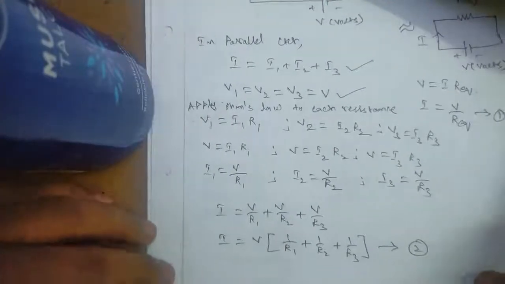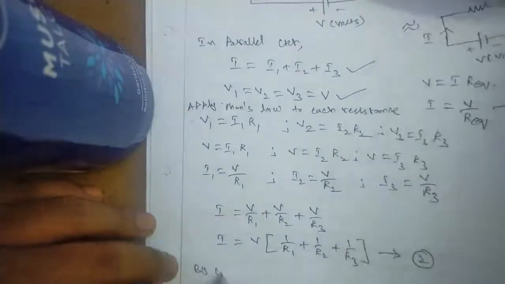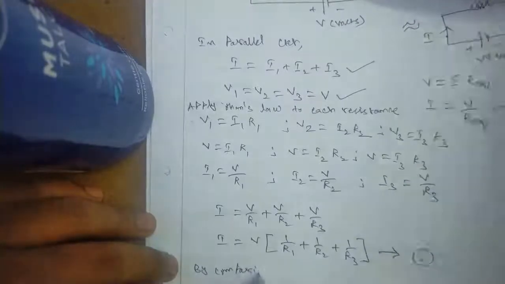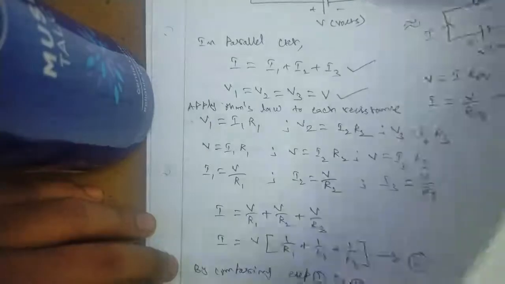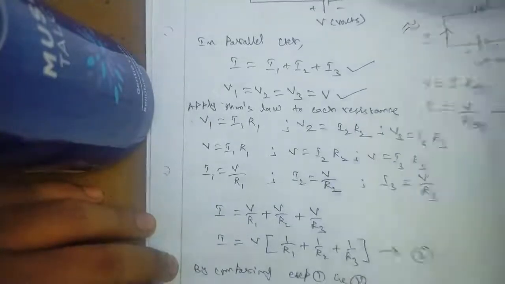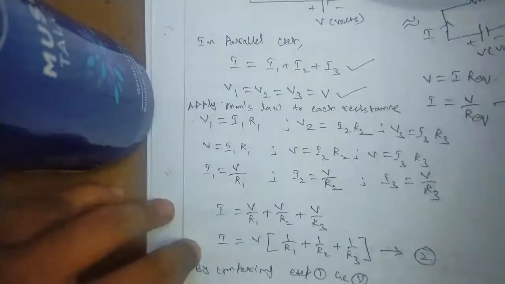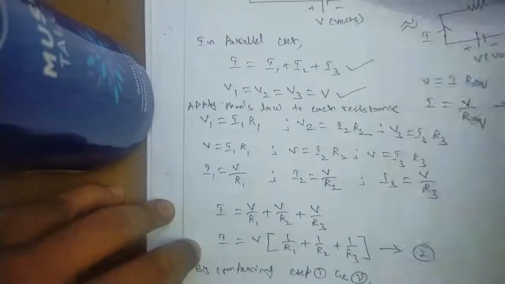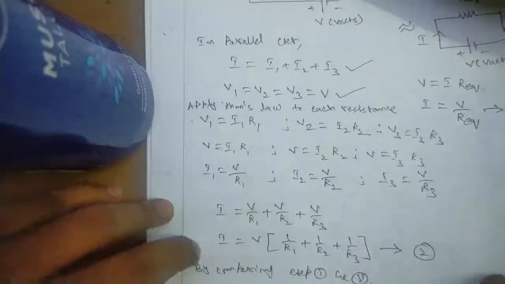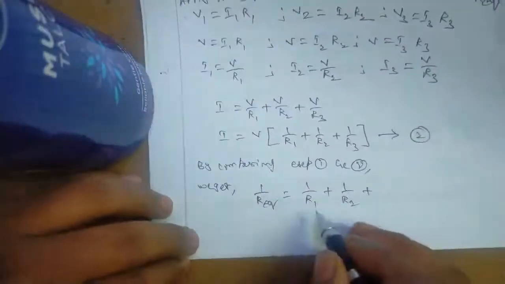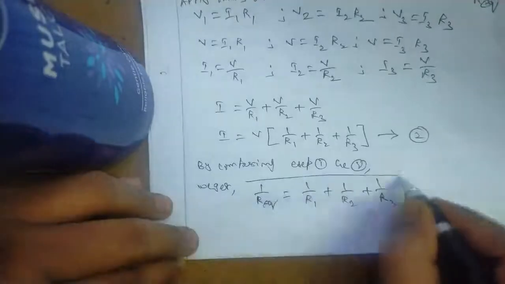By comparing expression 1 and 2, we get, by comparing these two expressions, 1 by R equivalent is equal to 1 by R1 plus 1 by R2 plus 1 by R3.